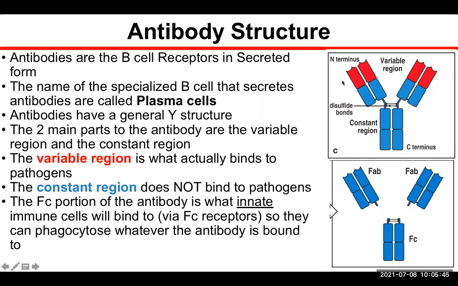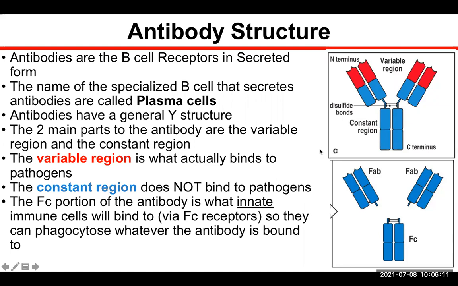Like I said, every B cell receptor is very specific. So every B cell is going to have a different variable region, so it can recognize the specific antigen of interest. Make sure you understand this variable region and what it does. This is what actually binds to the pathogen or the antigen.